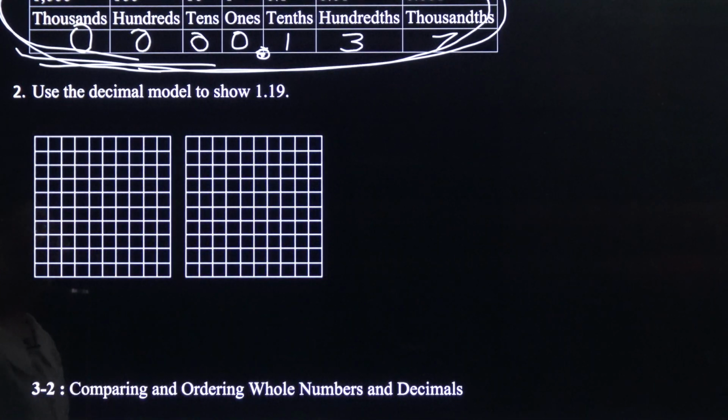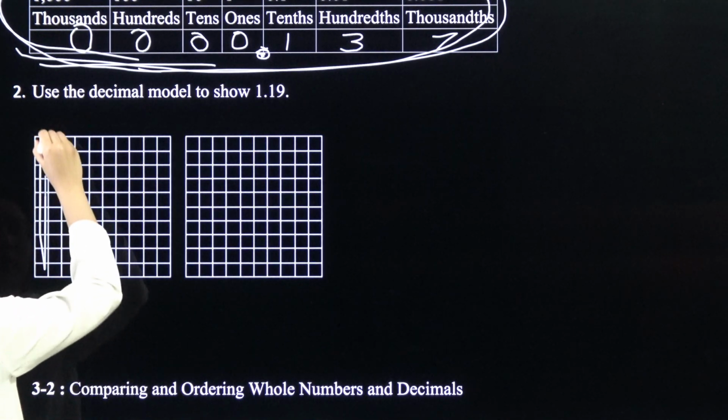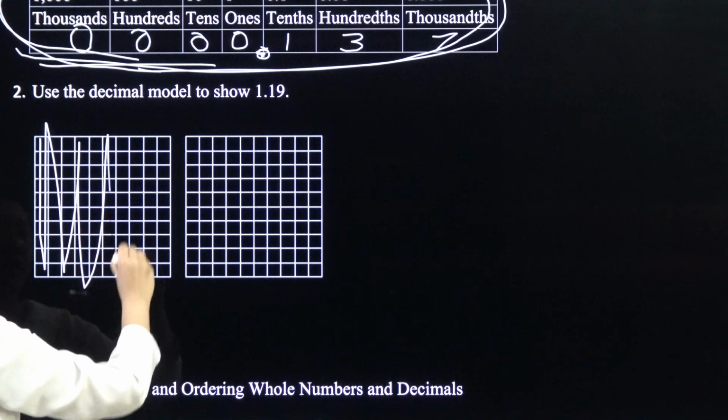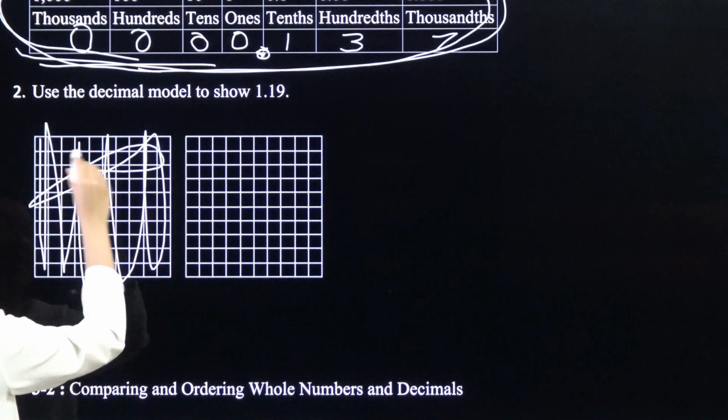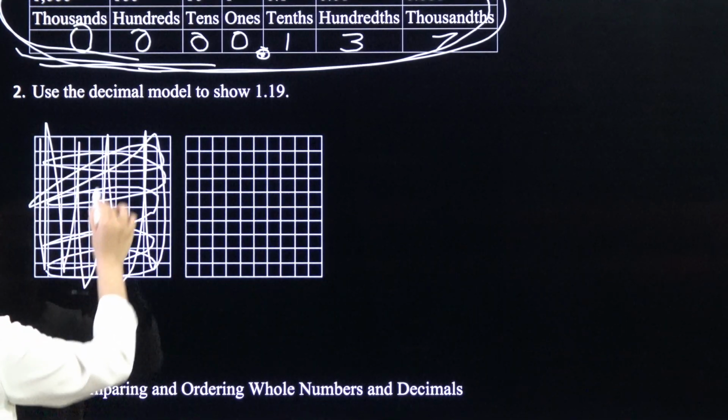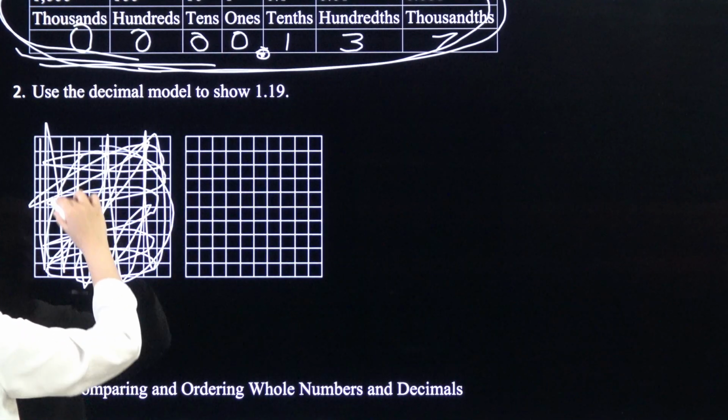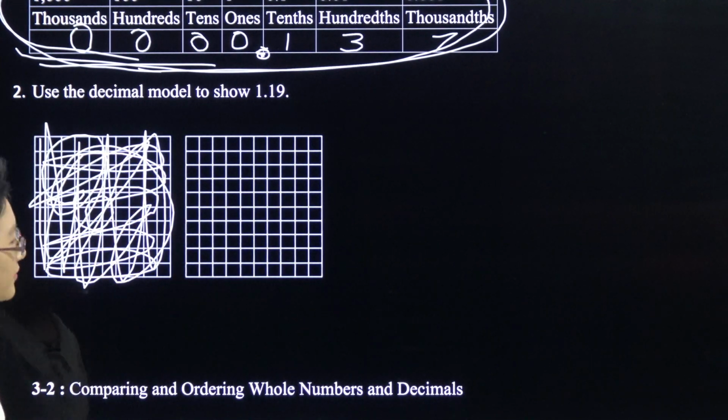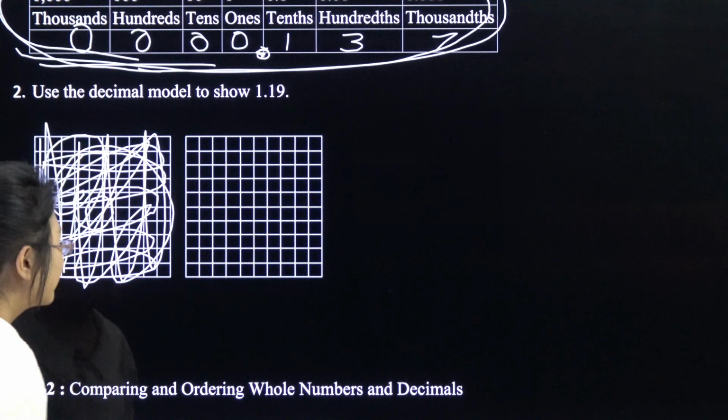So how about let's do this. Use the decimal model to show 1.19. Well, there's one whole thing, so we're just going to color this entire thing in. Pretend that's colored. That is colored, guys. Yeah. Try to do a better job coloring.